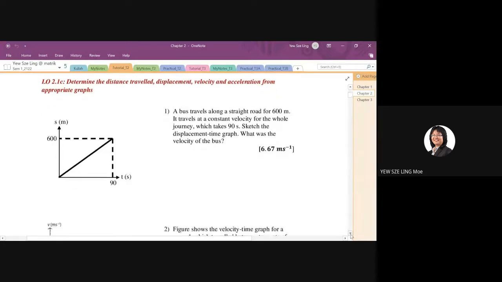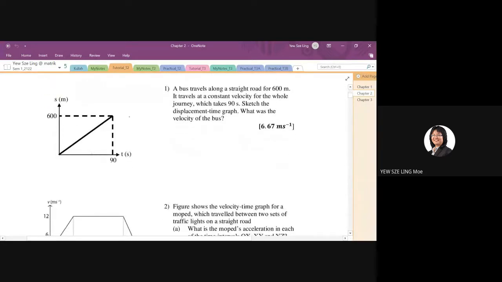It's actually very simple. You just look at the graph. Now it's a uniform graph, so it doesn't matter whether it's asking for instantaneous velocity or average velocity. Straight away you can get the velocity because it's a uniform velocity, a straight line graph. So how are we going to calculate?